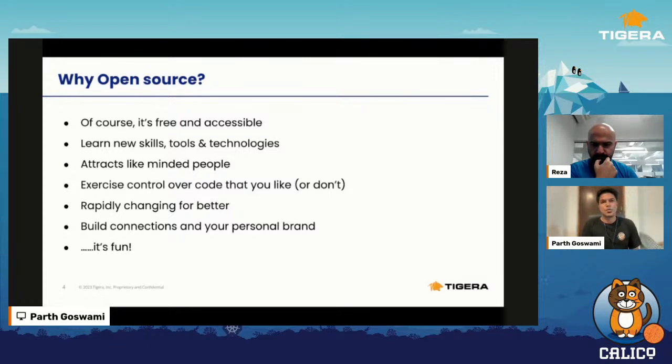Next is, you get to learn new skills, new tools, new technologies. Your day-to-day office work or framework might not allow you the flexibility of trying your hands on every other new skill that gets launched or sandboxed every other week, because your environment, your company likes reliability, likes security.